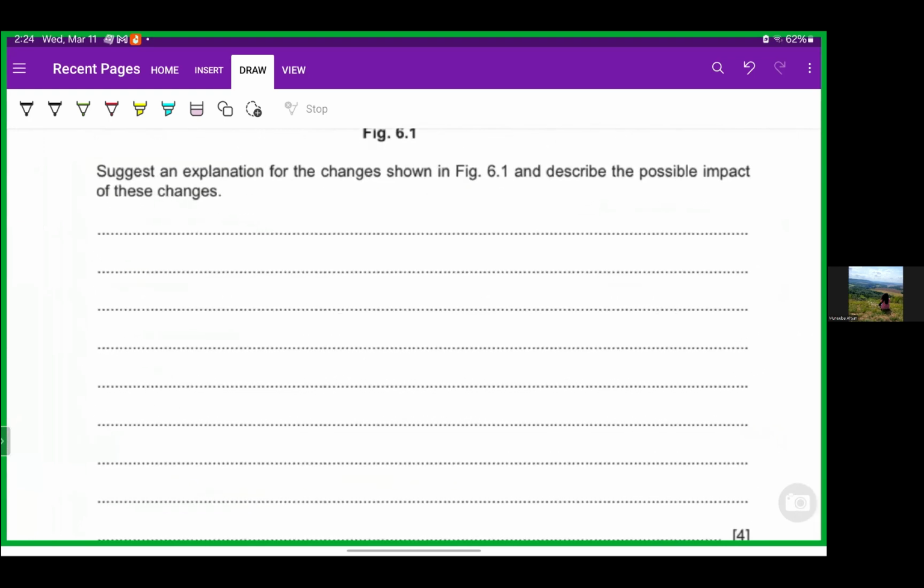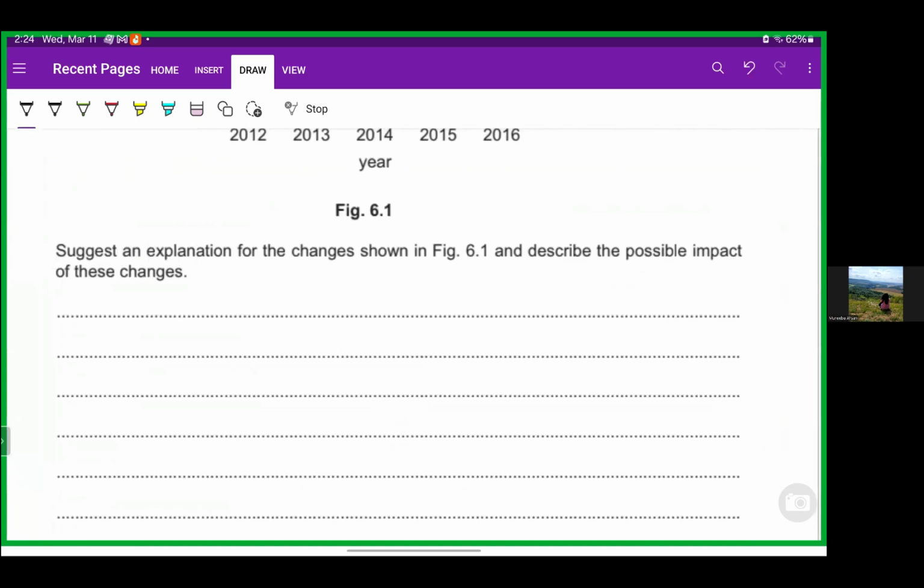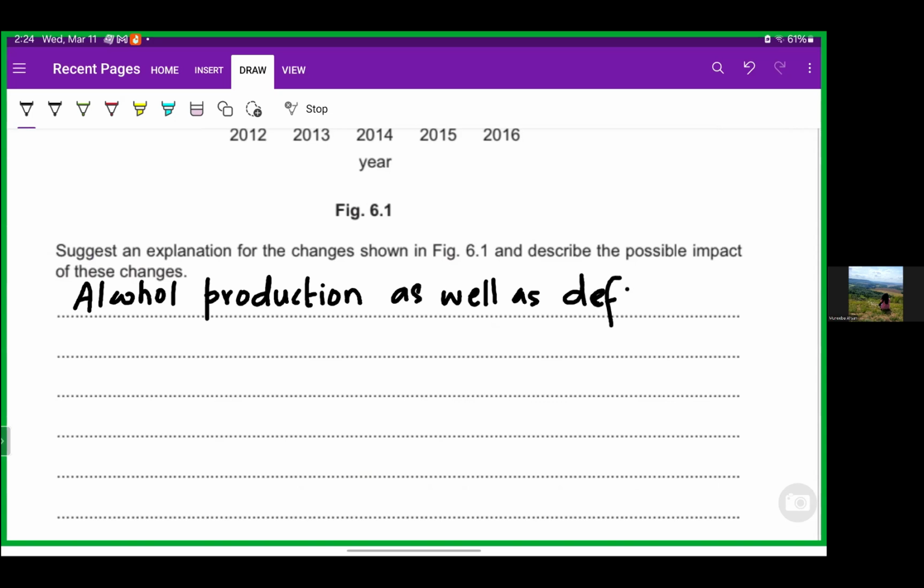Okay, so first of all, what's happening in the graph? It shows that alcohol production as well as deforestation has increased over the years.